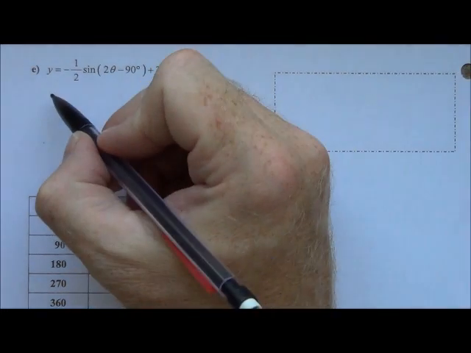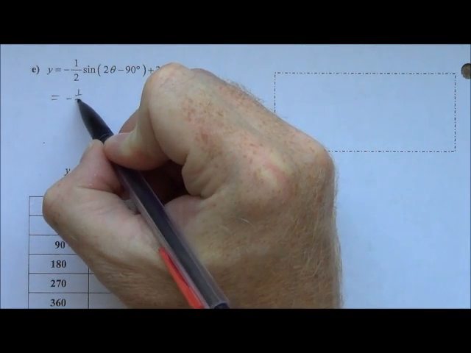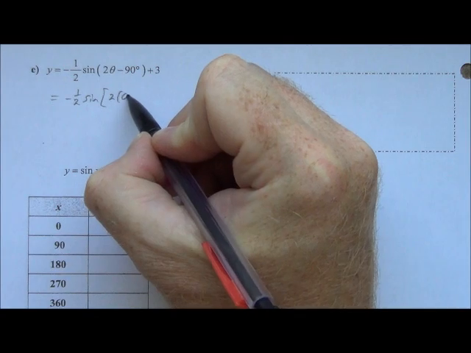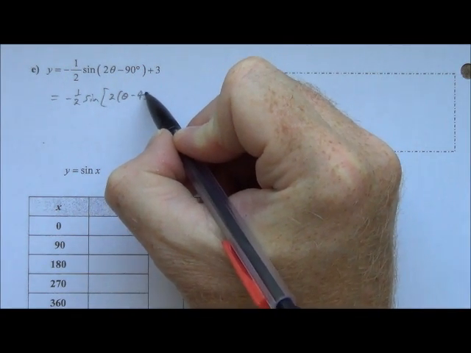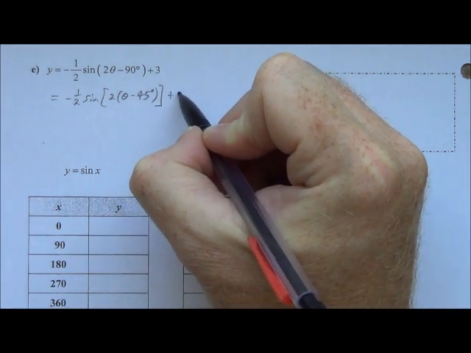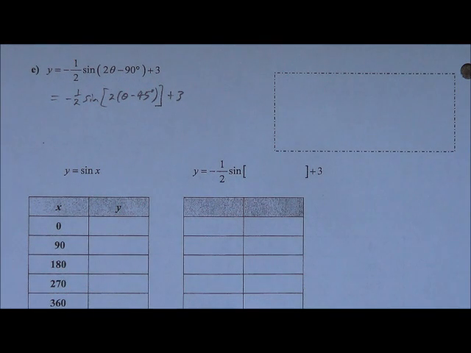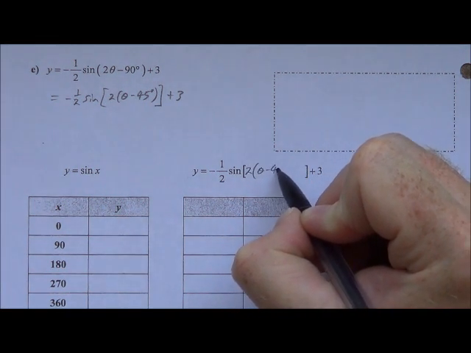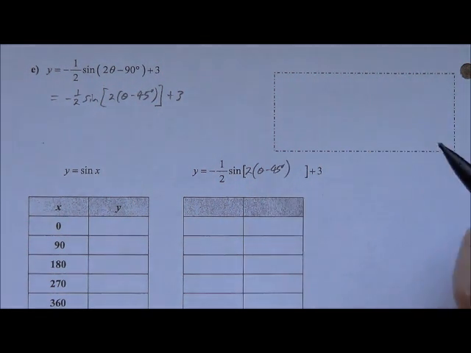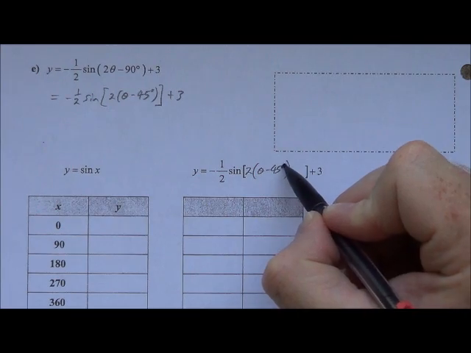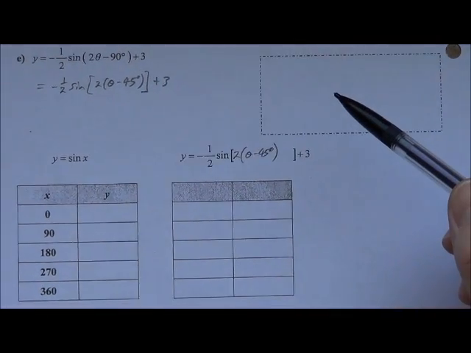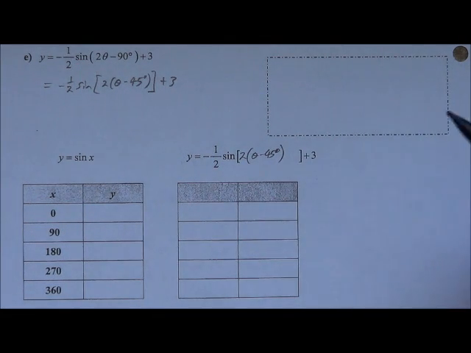Okay, so then I'll just write this down here. And then we can go through this and write down the transformations. So pause the video please to write down the transformations.